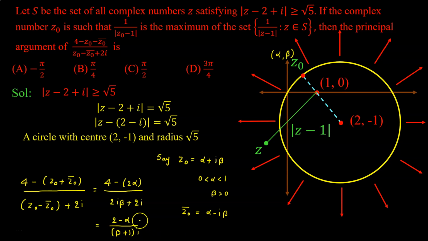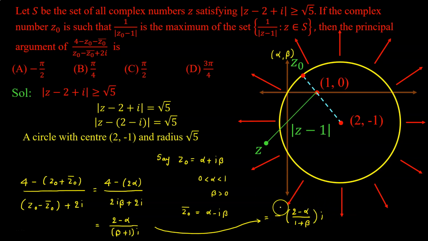If we multiply with iota in numerator and denominator, in the denominator it will be iota into iota, which is iota square, that is minus 1. So here we get minus (2 minus alpha) divided by (1 plus beta) times iota.